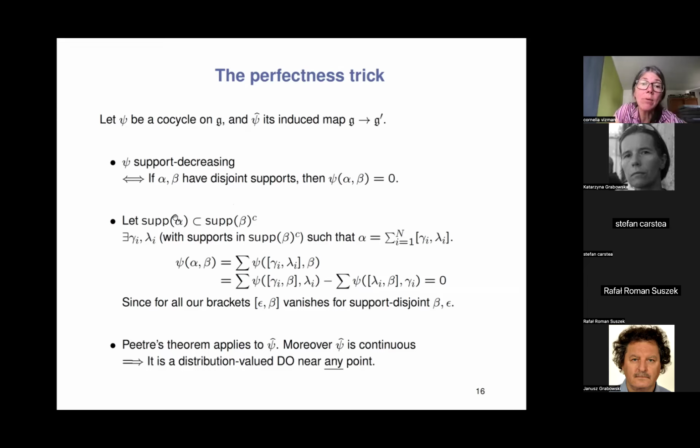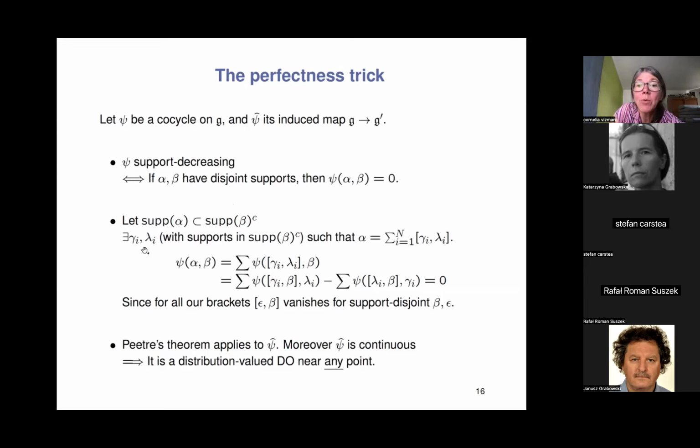And now, in order to show the support decreasing property, we use the perfectness. If alpha and beta have disjoint support, so this C means the complement of the support of beta.